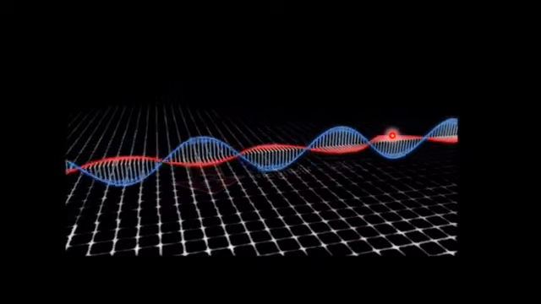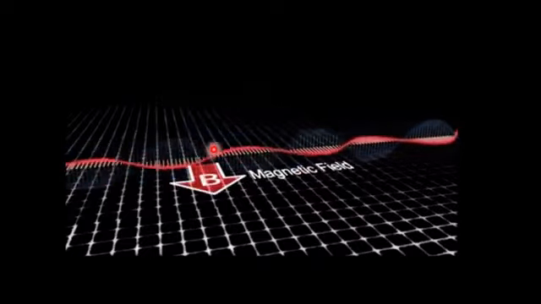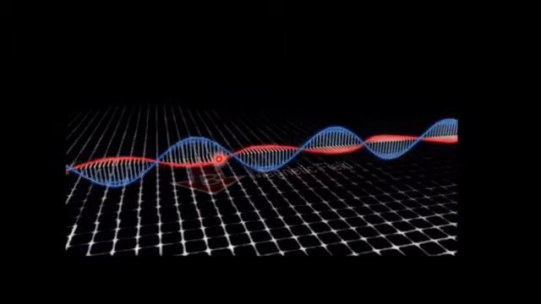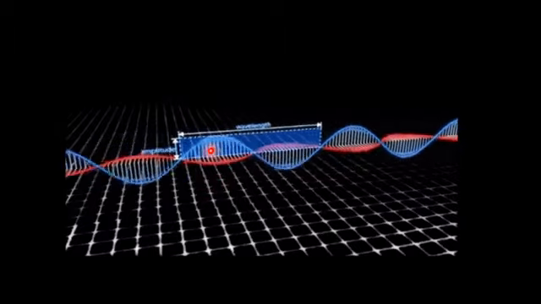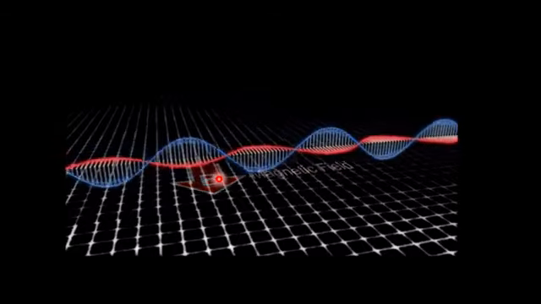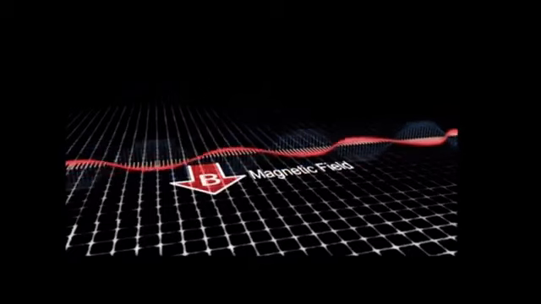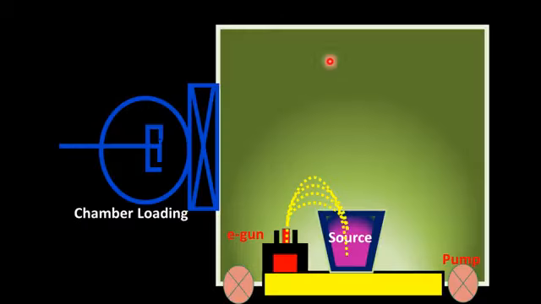Due to the magnetic field, the electrons spiral and deflect, trying to move in a circular path. Due to this, the electron beam is deflected and directed onto the source material.